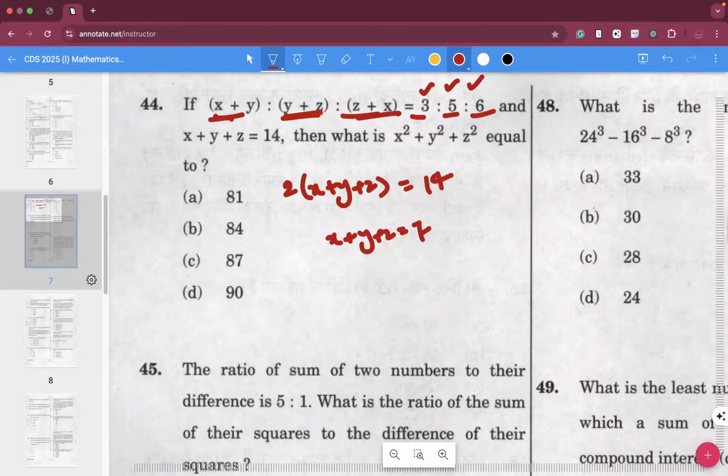But hold on, they've already given x plus y plus z is equal to 14. But over here, what are we getting?